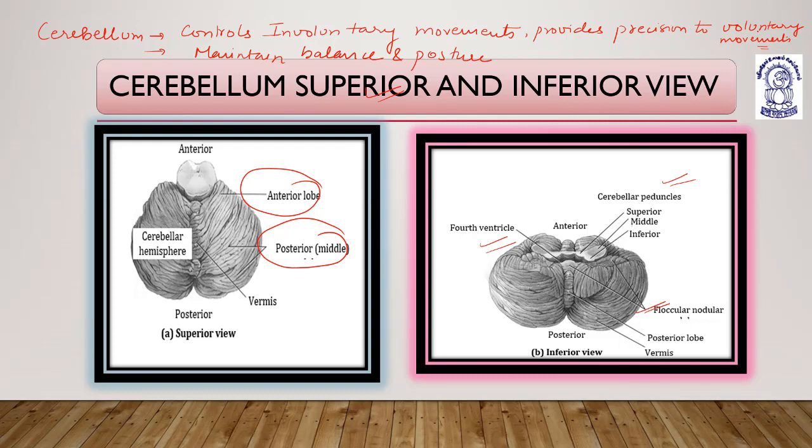Chronic alcohol intake affects cerebellum. Cerebellum also helps to integrate information from the semicircular canals and auditory system.